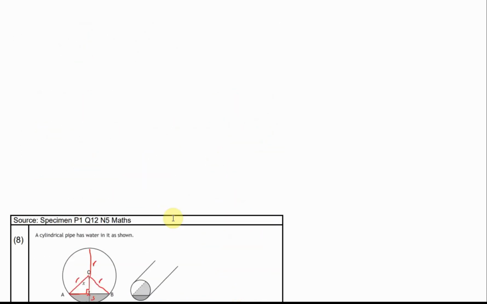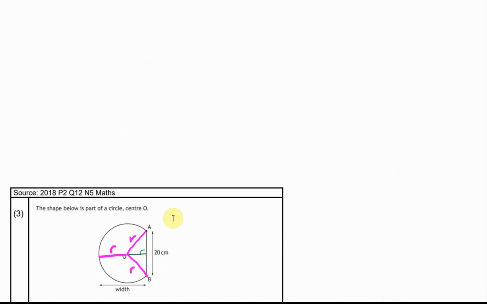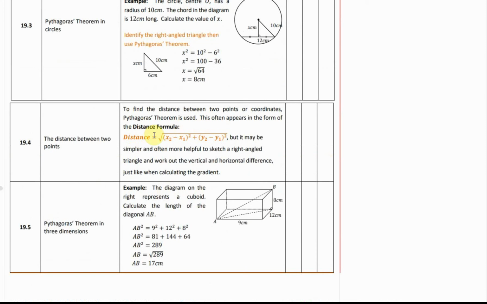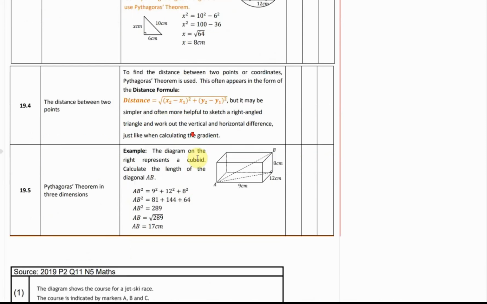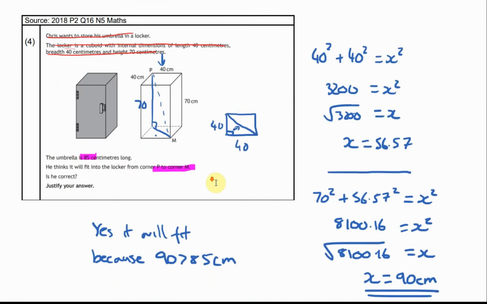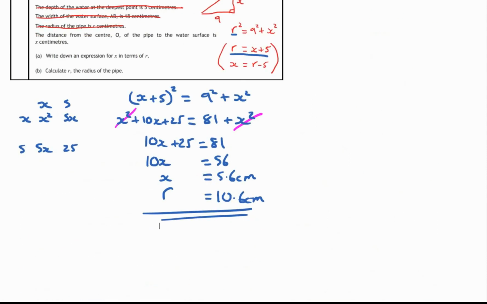The only thing I never really went over was the distance between 2 points, coordinates. Just to quickly discuss that, say I've got my x and my y axes.